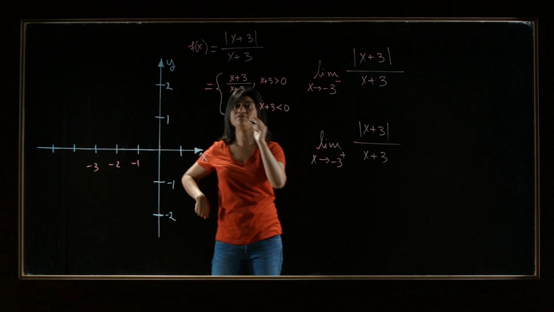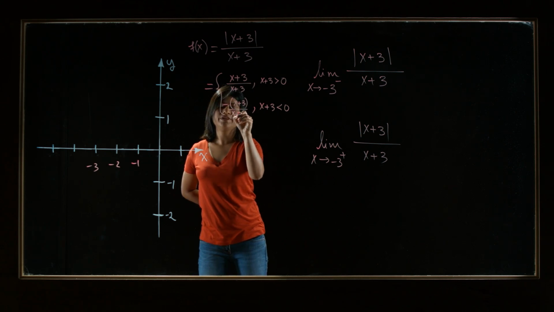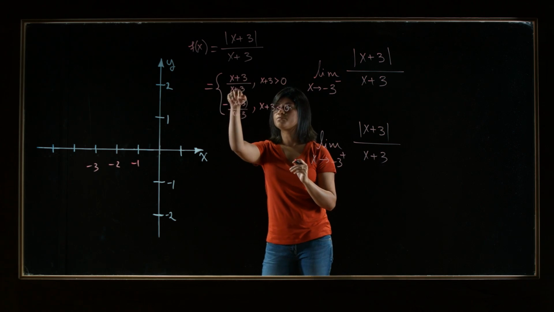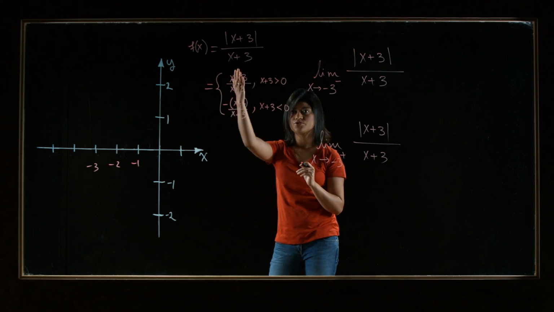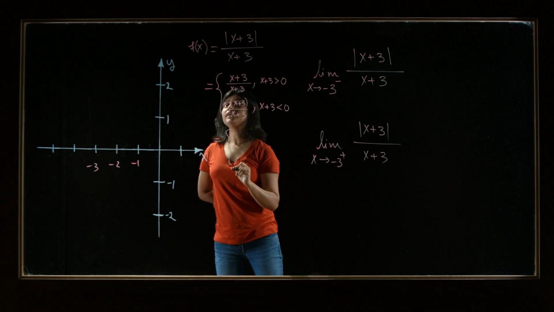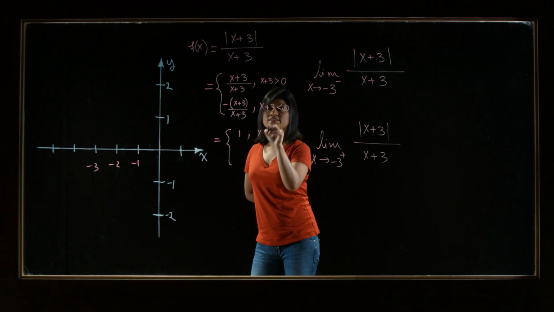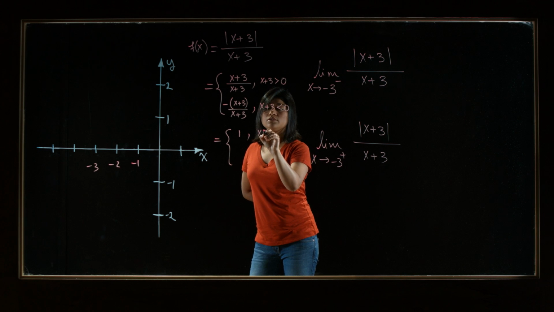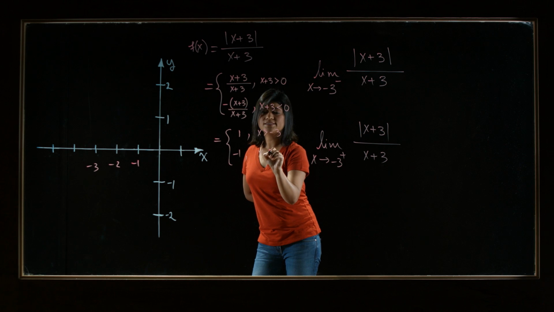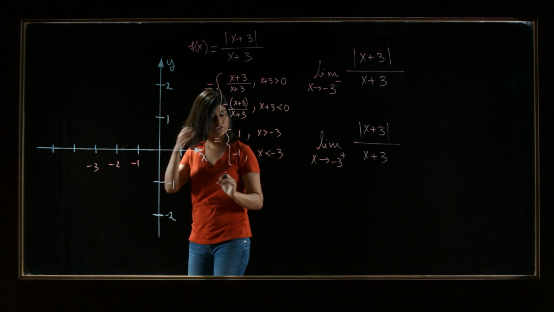How do you get that positive? You take the negative of x plus 3, over x plus 3. That's how the absolute value function works. Now notice these two factors are the same, x plus 3 in both numerator and denominator, so you can simplify it. Your function turns out to be 1 when x plus 3 is greater than 0, which happens when x is greater than negative 3, and negative 1 when x is less than negative 3. So that's the function.